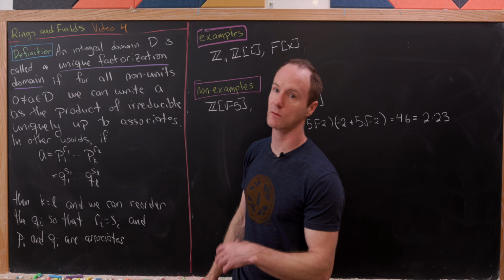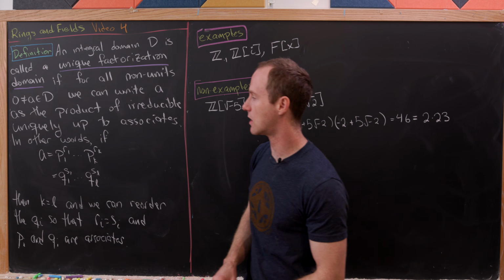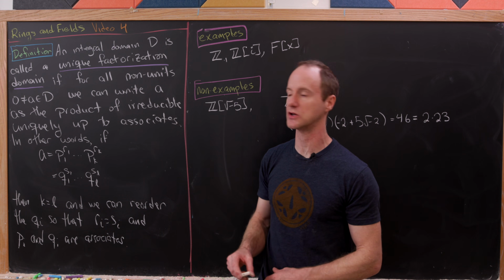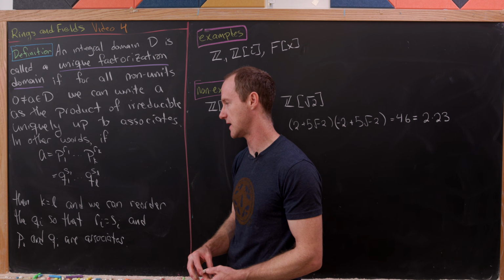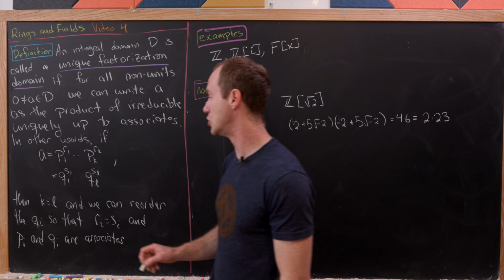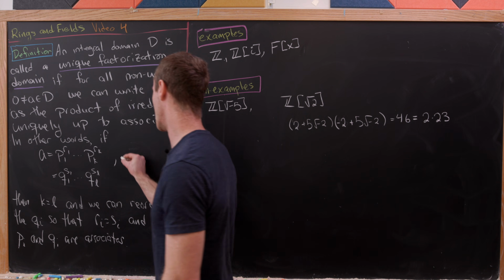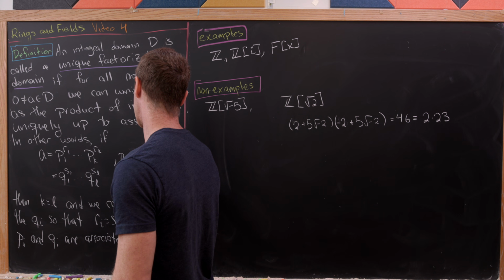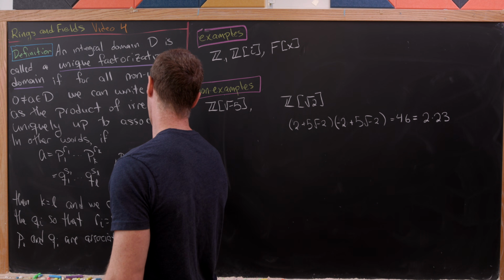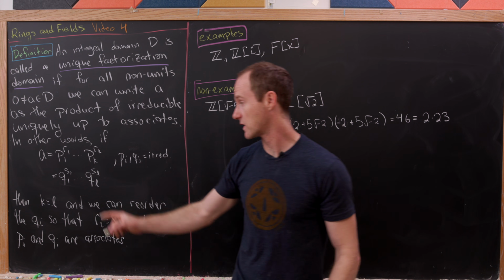More carefully, if we can write a as p_1 to the r_1 times p_2 to the r_2 all the way up to p_k to the r_k, and we can also write it as q_1 to the s_1 all the way up to q_l to the s_l, where p_i and q_j are irreducibles, then first of all, k is equal to l.